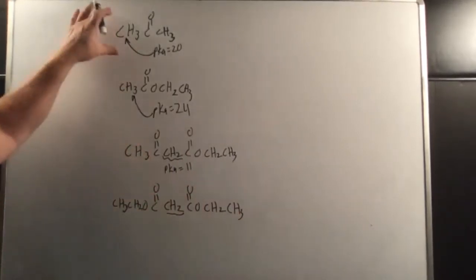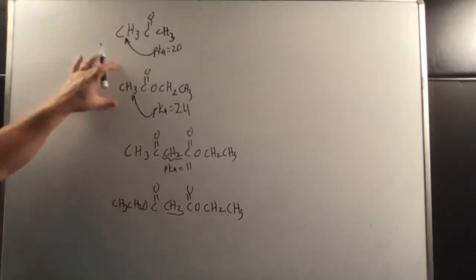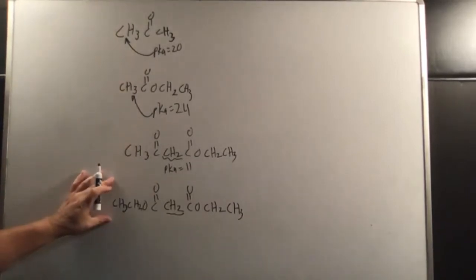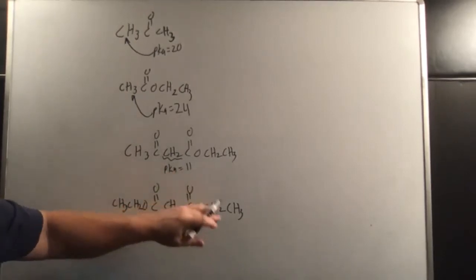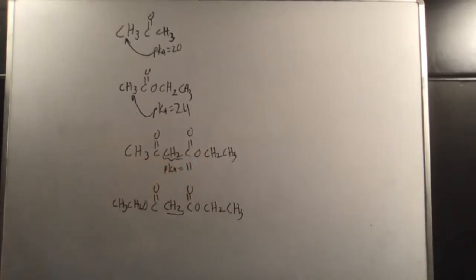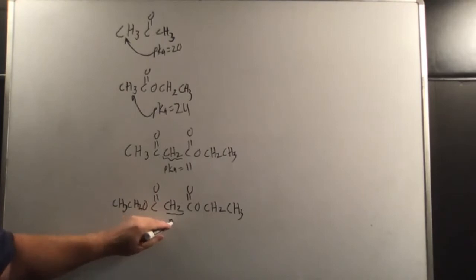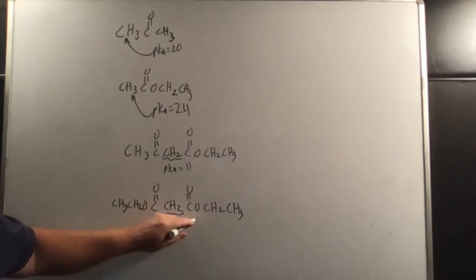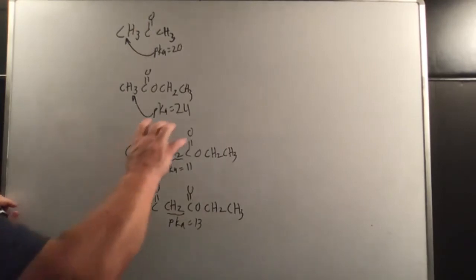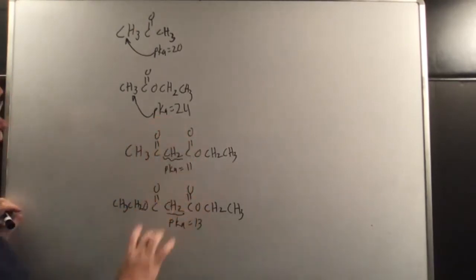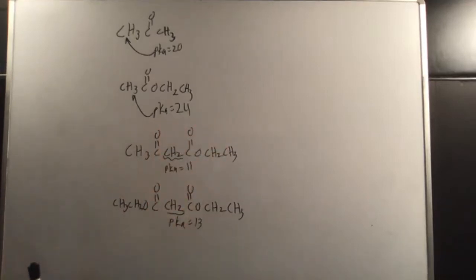So again, because ketones are more acidic than esters, an alpha hydrogen that's between two esters is less acidic than one that is between a ketone and an ester. So this has a pKa of about 13. So what we're going to say is these hydrogens that are between a ketone and an ester group and between two ester groups are much, much more acidic.